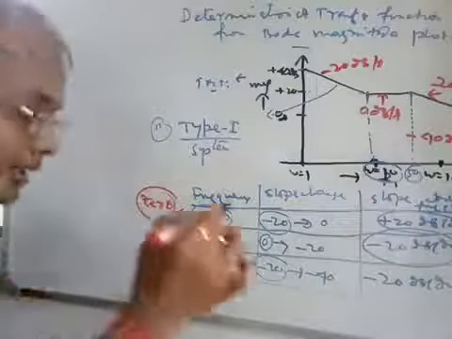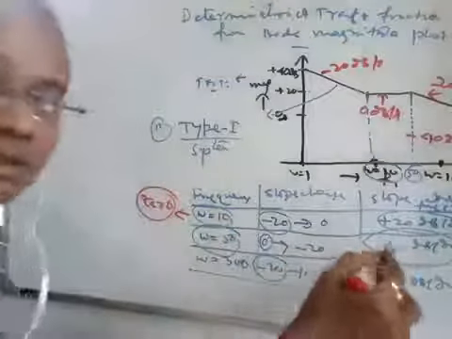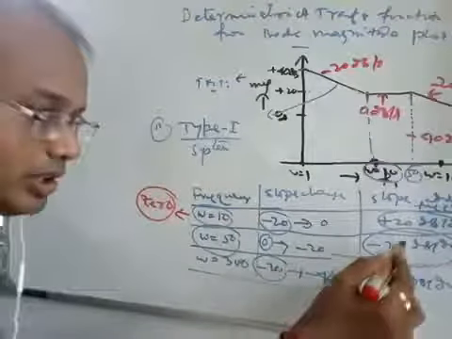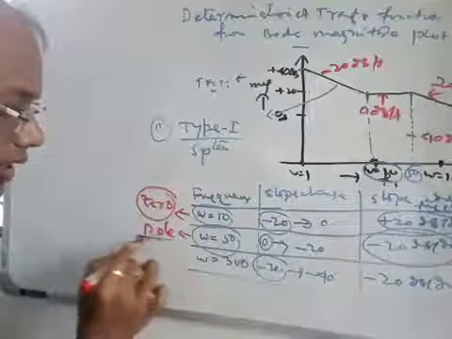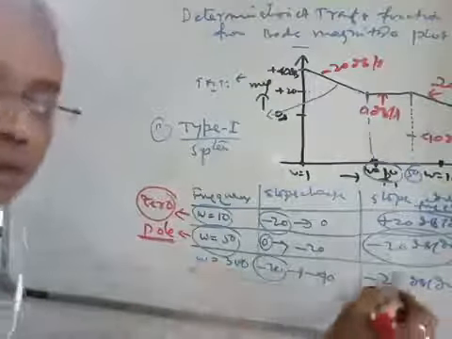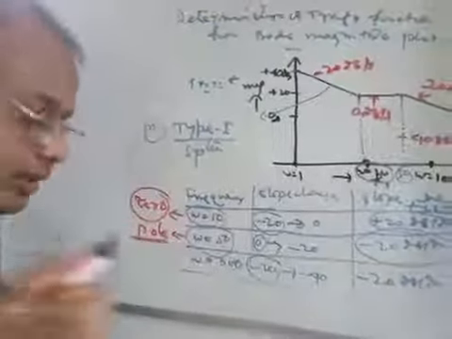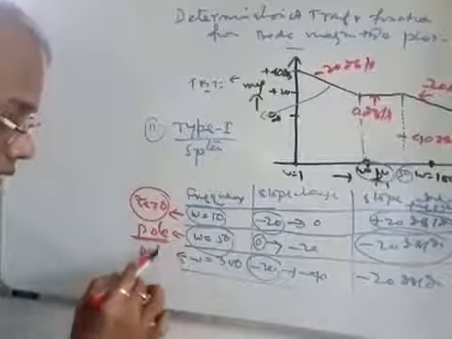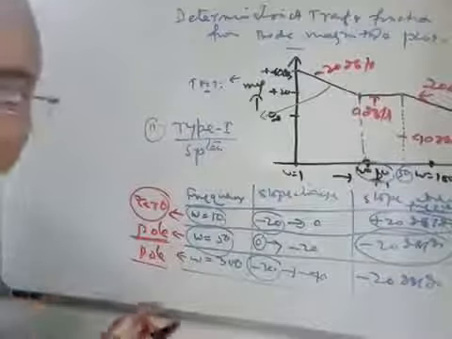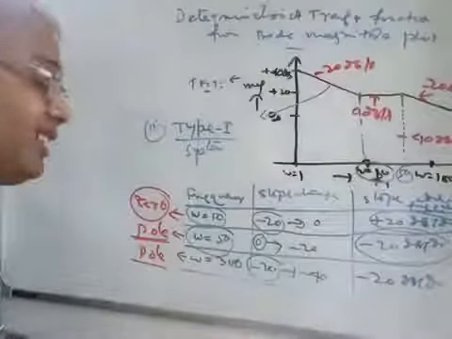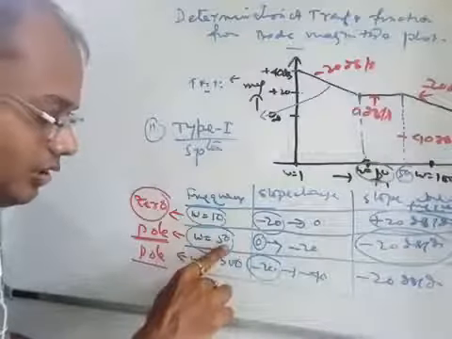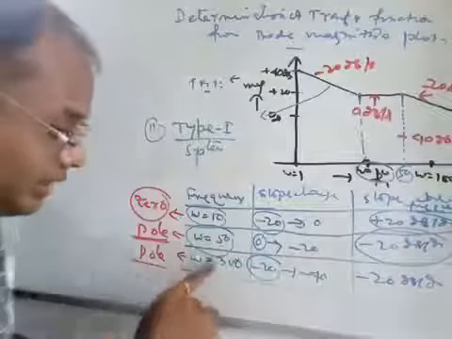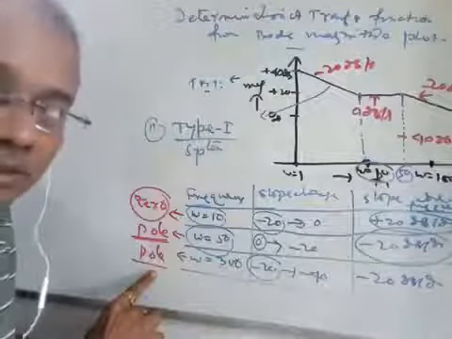And this is minus 20 dB per decade; once minus 20 dB per decade is contributed, that means there is a pole, a single pole, and again the contribution is minus 20 dB per decade, so this is again a single pole. Now your work is almost over. That means at this corner frequency one 0 is there, at this corner frequency one pole is there, and at this corner frequency another pole is there.